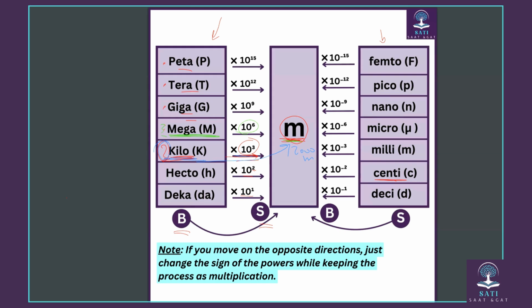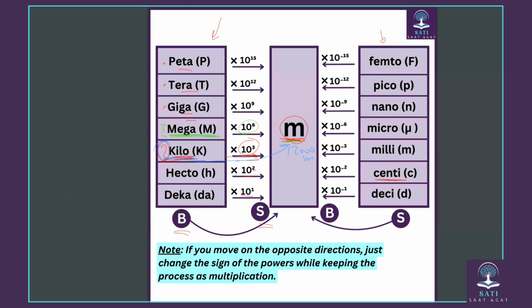So megameter means 3 million meter. 3 megahertz means 3 million hertz. 3 megafarad gives you 3 million farad, whatever the unit is. I hope you understand now.